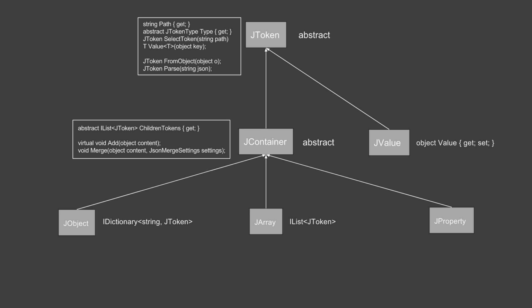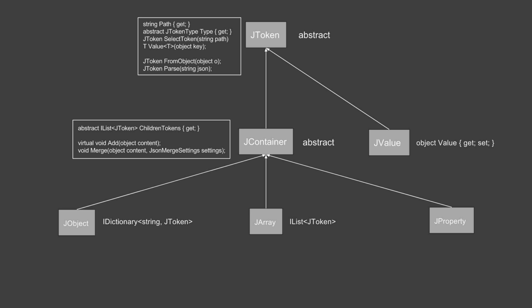The important additions of the JContainer class are the Children tokens property, which holds the container's children as JTokens, and two other methods, the Add method, which enables us to add a JSON object to the container's tokens, and the Merge method that allows us to merge two JSONs together. We will show this method in action and explain it in the demos, so don't worry.